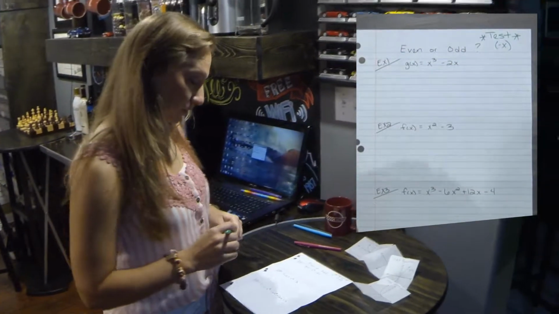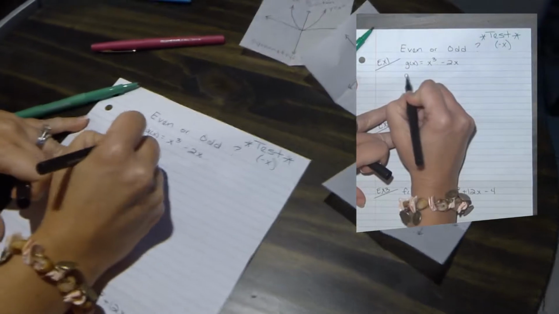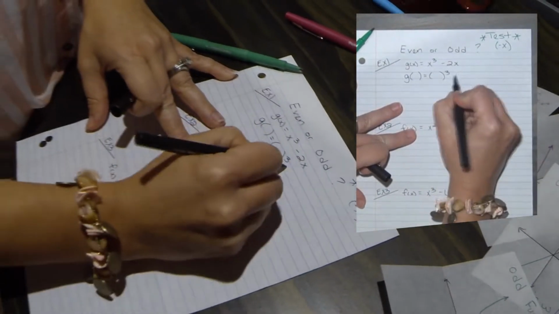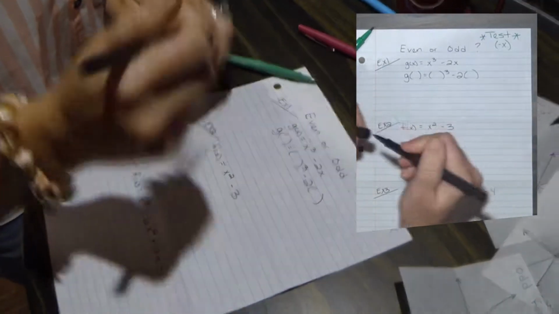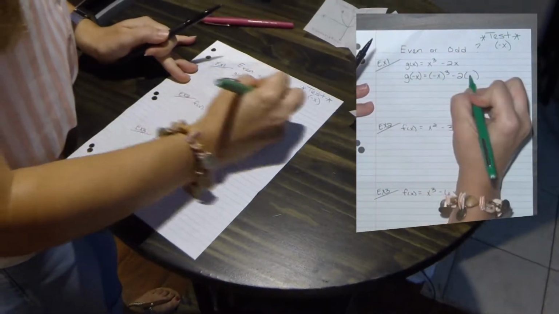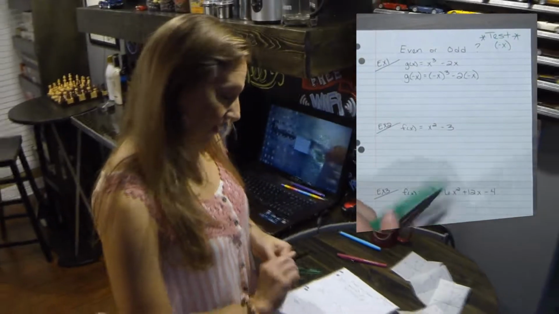Let's do some examples. So first, I'm going to plug into this g of x function. Instead of x, I am going to replace all of those x's with a negative x. Now I'm going to reduce it down.